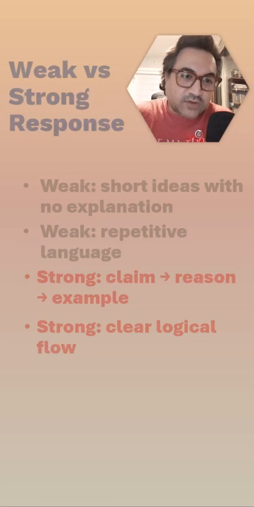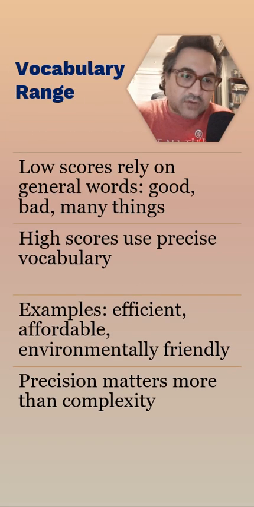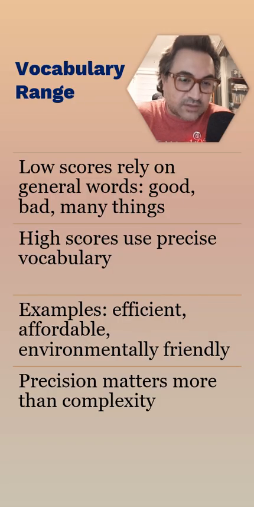Next is vocabulary range. So low scores rely on general words like good, bad, many things, stuff, make, get, take, have, those types of words. But high scorers use precise vocabulary. Examples are efficient, affordable, environmentally friendly. Precision really matters.